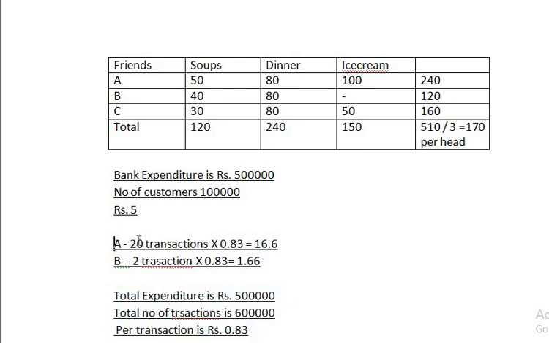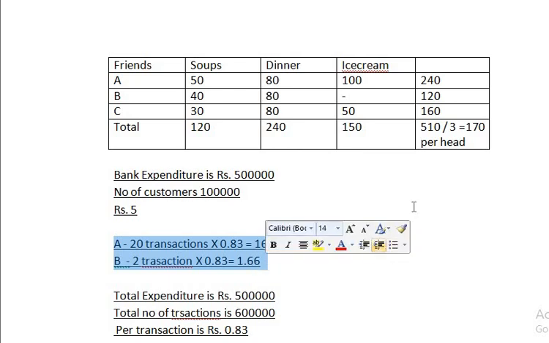A did 20 transactions in a month, so A's account is debited with ₹16 60 paisa. Mr. B did 2 transactions in a month at ₹0.83 per transaction, so B's account is debited with ₹1 rupee 66 paisa. So this is activity based costing.